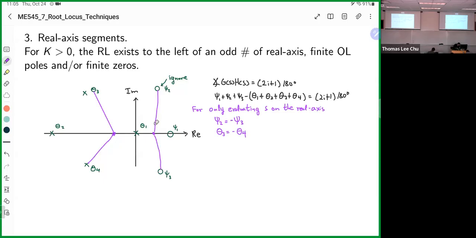Therefore, they cancel each other out because they're symmetric. These complex conjugates are symmetric about the real axis, and we can use that property to our advantage.